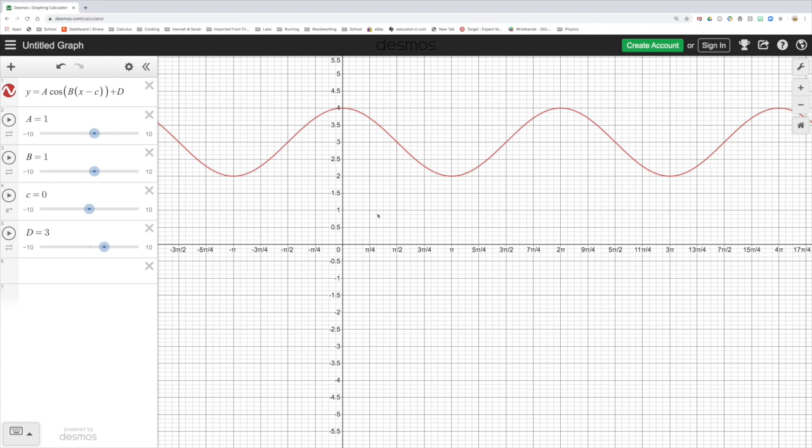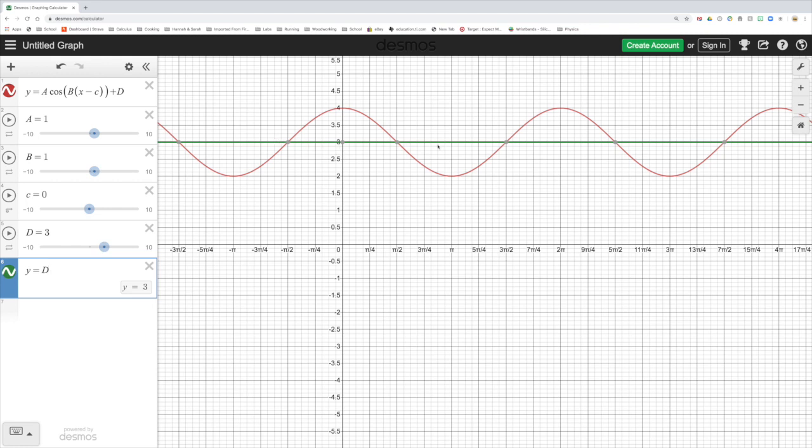Well, how do we know that? How can we figure that out? What I want to do is graph y equals this D, and you can see the green line. That's your midline. We can tell D is 3, that it got shifted up 3 units, by finding this midline.